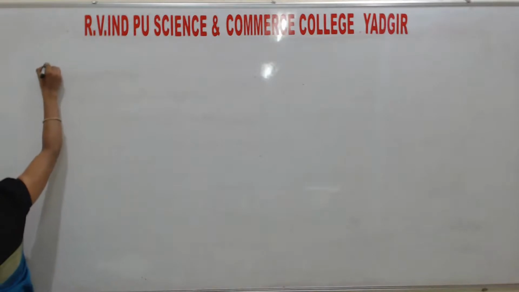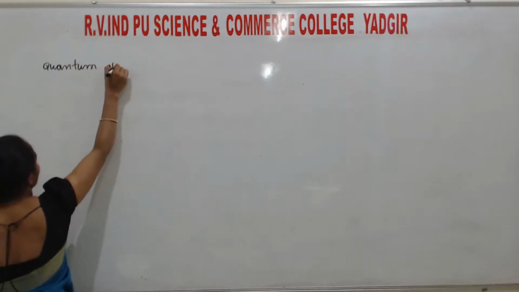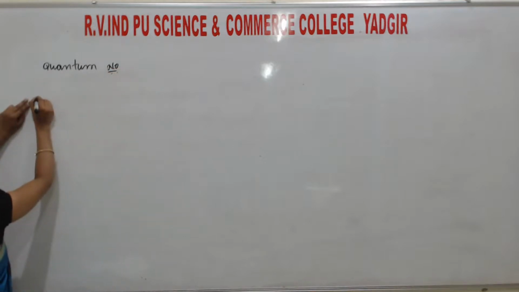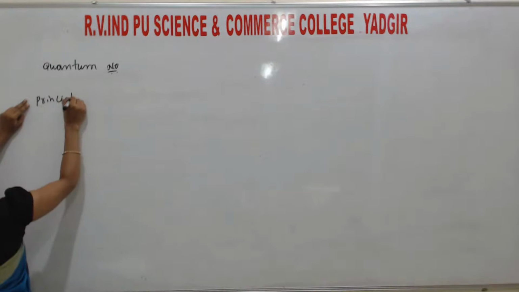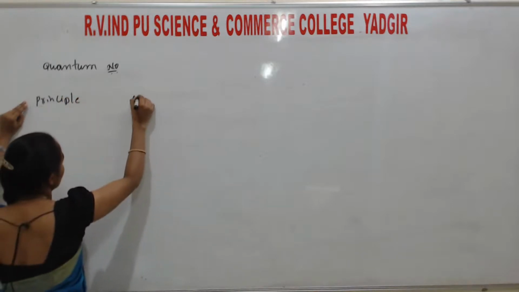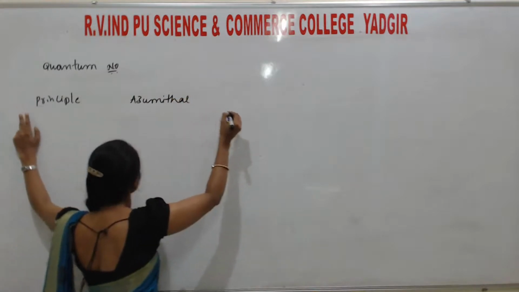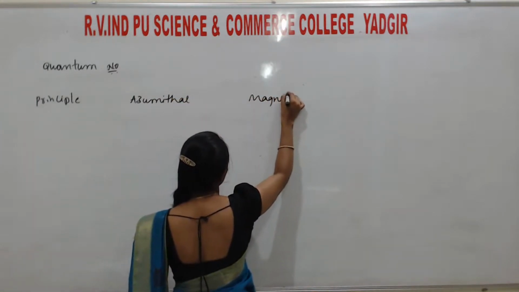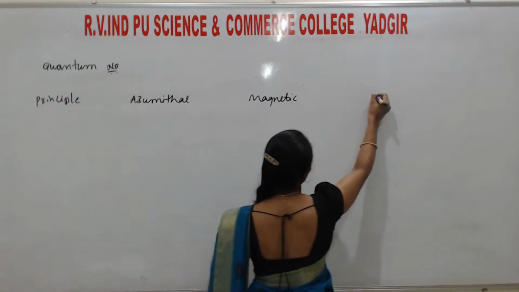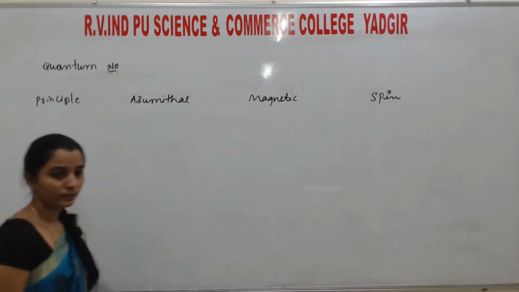So, quantum numbers: principal, azimuthal, magnetic, spin.